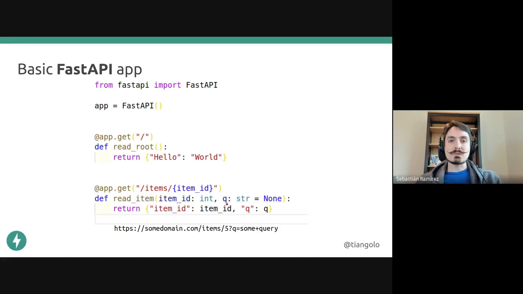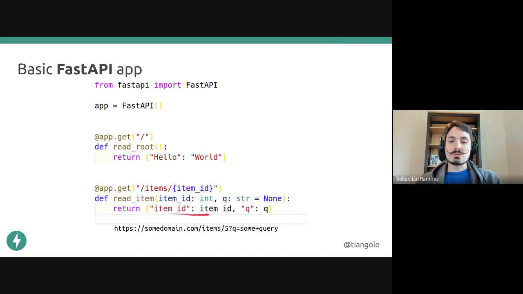So this is an optional parameter, and because it's not part of the path, FastAPI will know that it has to extract this Q parameter from the query, which is this part, the part that goes after the question mark. So we are saying that Q equals some query. In this case, it means that this text some query will be the value of this parameter Q, if we call the URL exactly like this.